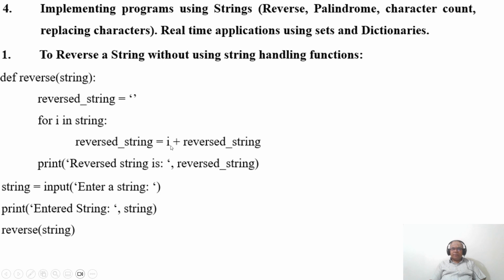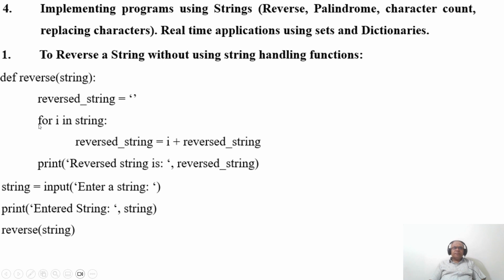So naturally, O plus empty string becomes O. Then again it goes back and takes the next character, which is N. Is N in the string? Yes. The reverse string will be N plus O, because the previous value of reverse string is O. So N plus O becomes NO.